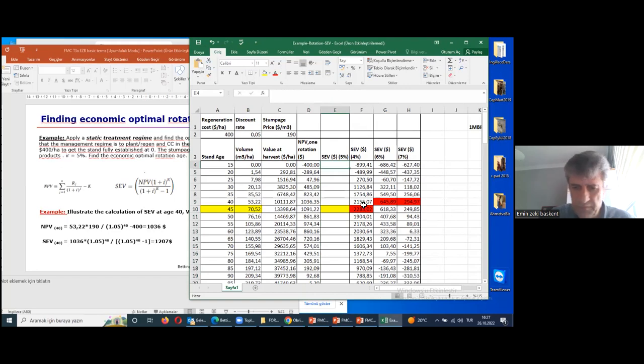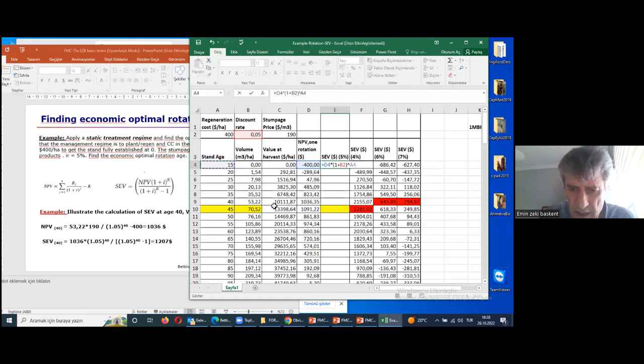How? It equals net present value multiplied by 1 plus interest rate to the power of stand age, the rotation period.